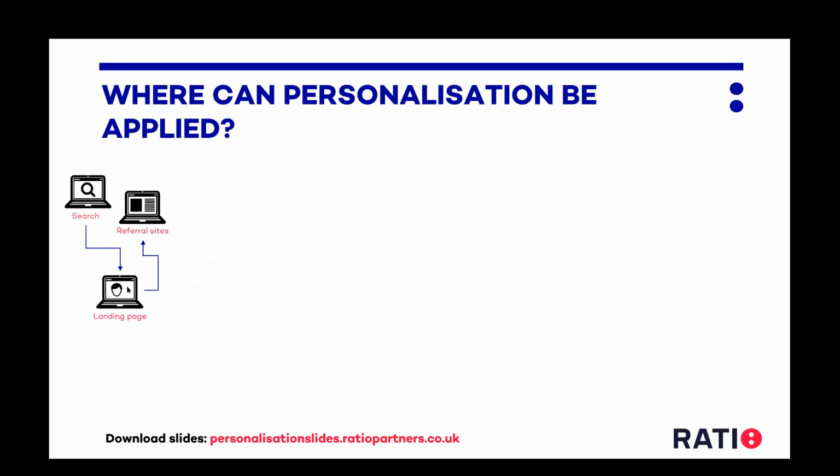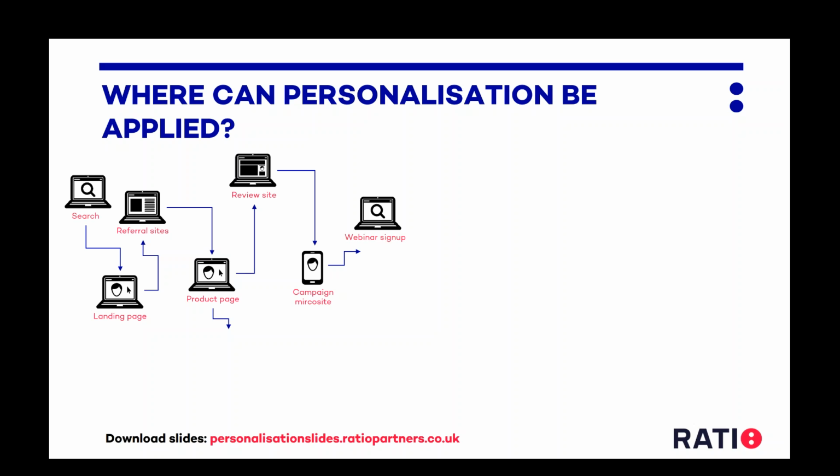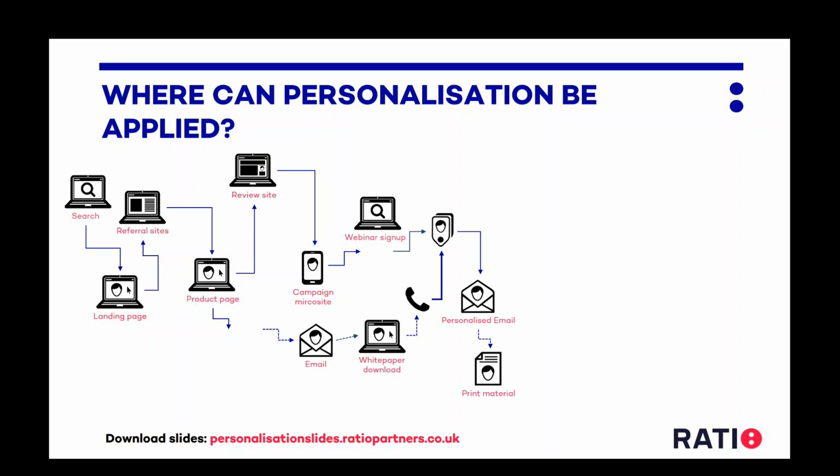One of the questions we get asked time and time again is where personalization can be applied. Earlier on, we talked about one of the key areas of digital psychology: designing each element of the digital experience, each touch point, in order to persuade and convince visitors to take a positive action.